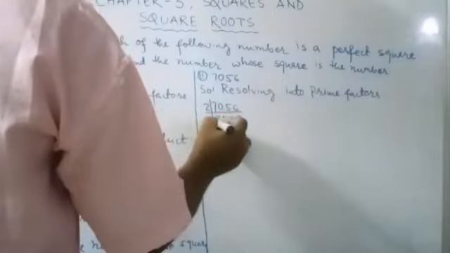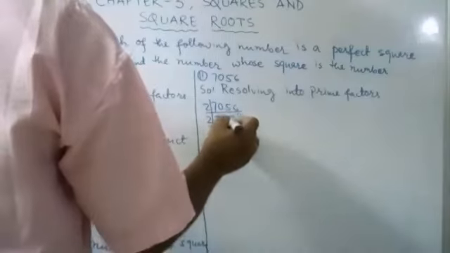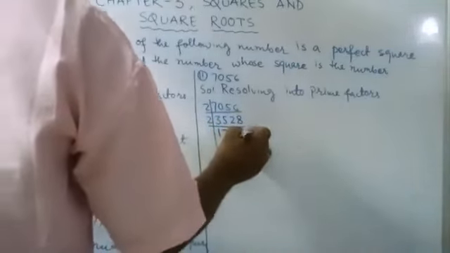Again divisible by 2, 2 1s are 2, 2 7s are 14, 2 6s are 12, 2 4s are 8.